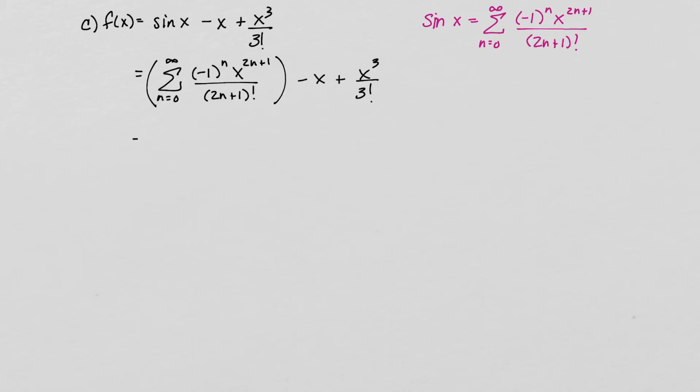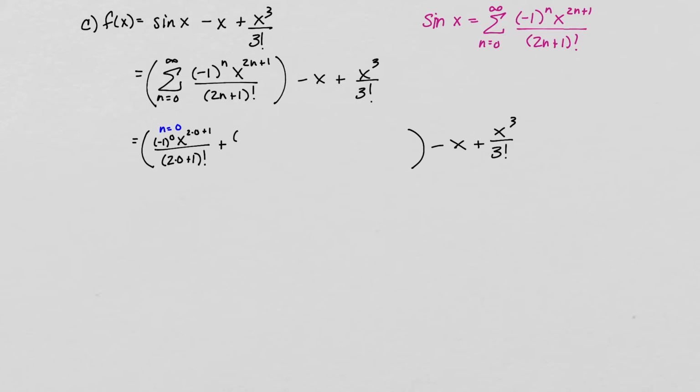So if I begin to write out the terms of my series, I'm going to have some terms of my series, then we have minus x plus x cubed over 3 factorial. So let's try to figure out what these are. We're starting with n equals 0, so at n equals 0, we're talking about negative 1 to the 0, x to the 2 times 0 plus 1 over 2 times 0 plus 1 factorial.